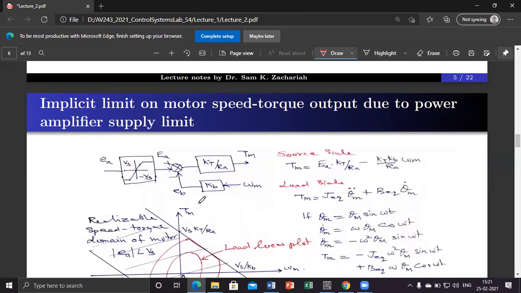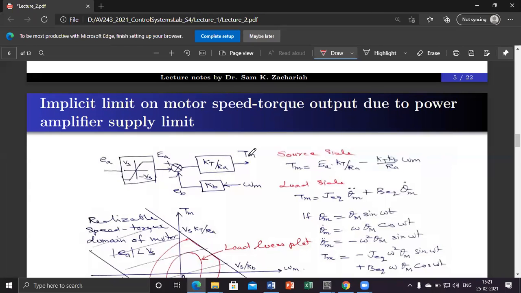Recall the previous block diagram that we used, for an armature-controlled brush-type DC torque motor. We are supplying a voltage EA at the armature terminal, and back EMF voltage is coming. In the armature circuit, we are subtracting KB into omega M, the back EMF, from EA, and the resulting voltage is dropped across the armature resistance RA, producing a current IA which, multiplied by KT, gives TM.